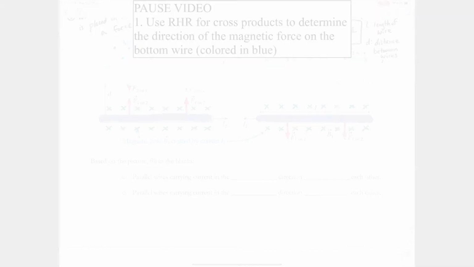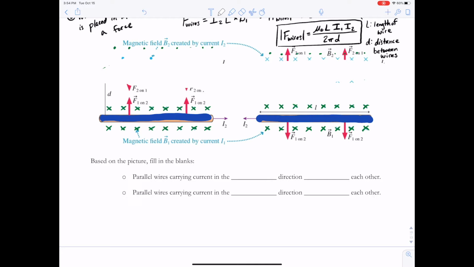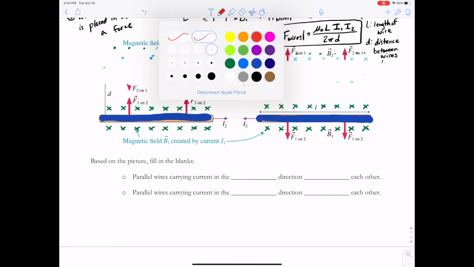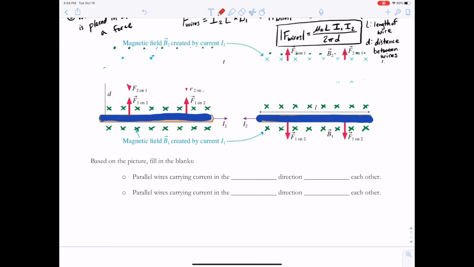So using our right-hand rule for cross products, we indeed find that the force on wire 2 in the example at left is directed up the page, and using the right-hand rule again for the second example, the force on this wire is directed down the page.